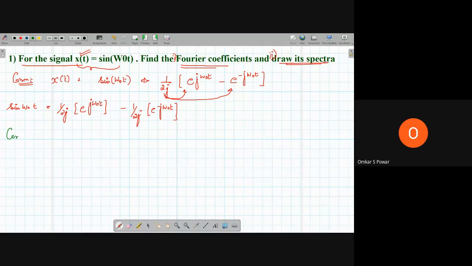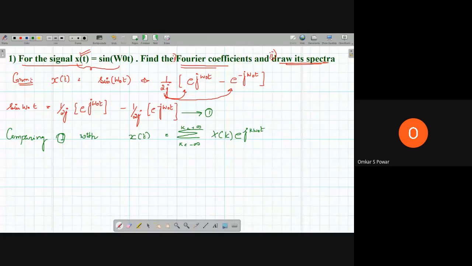We will take this as equation number 1 and compare it with the equation x(t) = summation over k from minus infinity to plus infinity of x[k] e^(jkω0 t).